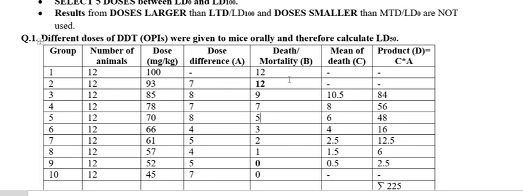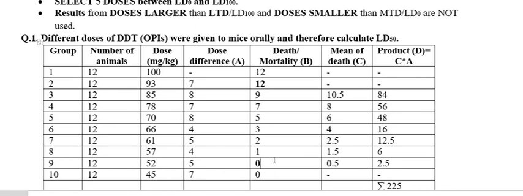So where is the mortality 0 in this table? You have to see, here the mortality is 0 at this and this. Which dose are we going to consider as LD0? Either this 52 mg per kg body weight or 45 mg per kg body weight.